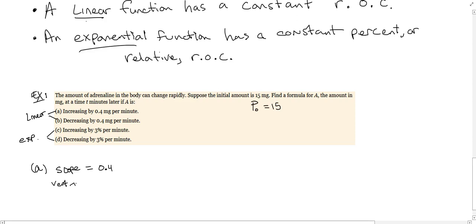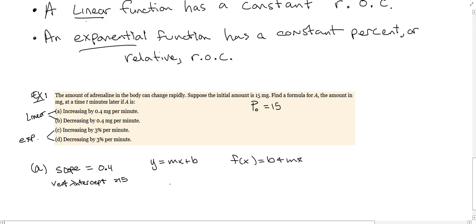So the vertical intercept is 15. Okay, so in general with a linear function, we could call it y equals mx plus b, or whichever way we want to talk about our lines. This is just one way to write it. We've also learned it like this, f of x is b plus mx.